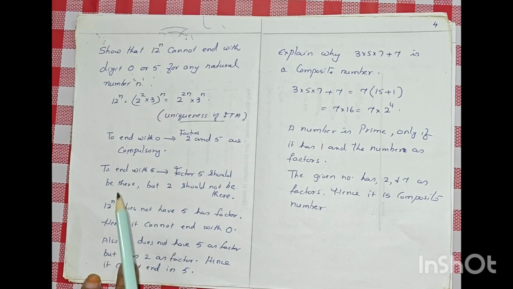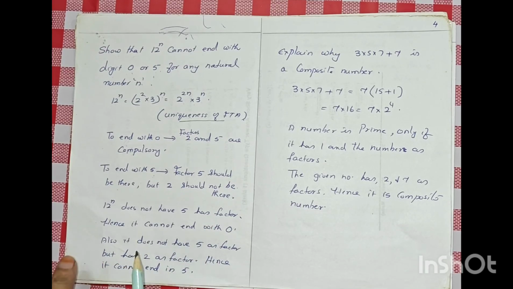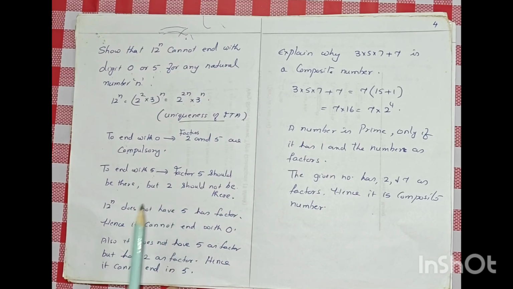So to end with 5, it should not have 2, but it should have 5. For example, 25 if you take, it is 5 squared. 35, 7 into 5. 45, 3 squared, 9 into 5, 3 squared into 5.